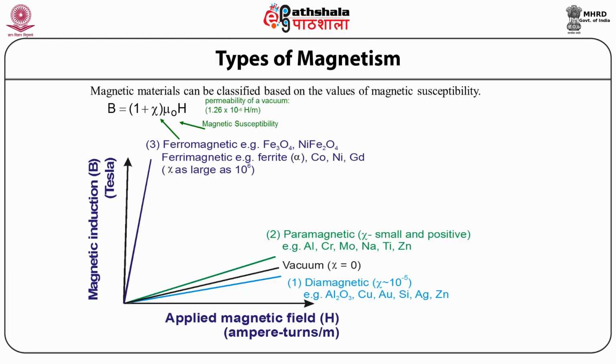First is diamagnetic, second paramagnetic, and third is ferromagnetic and ferrimagnetic. Materials with negative susceptibility are diamagnetic materials, and they have chi-m to be less than 1.